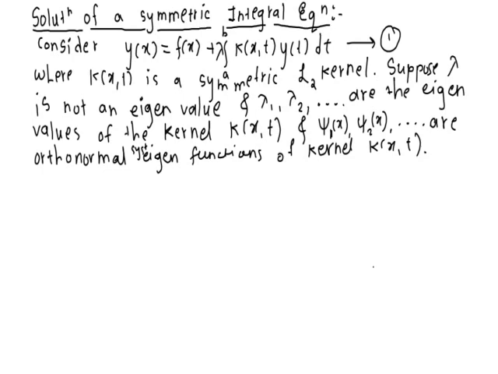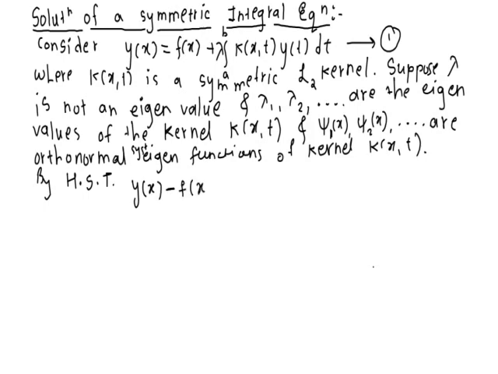So if we have these things, then by the Hilbert-Schmidt theorem we have, what does the Hilbert-Schmidt theorem say? If we have some function which is of this particular form, integral from a to b k(x, t) y(t) dt, such that k(x, t) is the symmetric L2 kernel. Now on the LHS what function do we have?